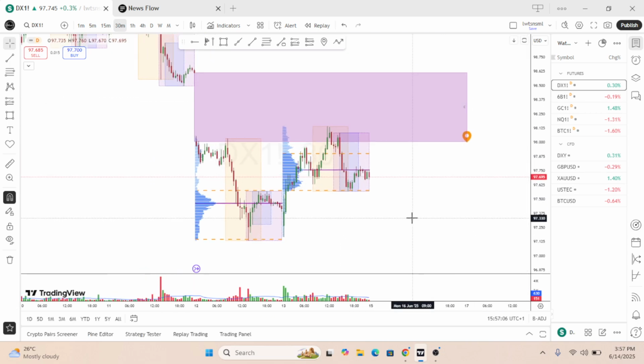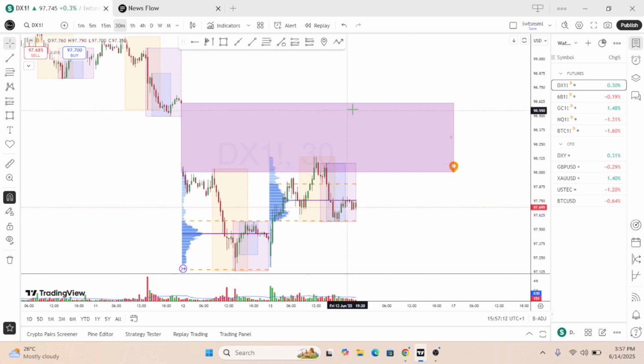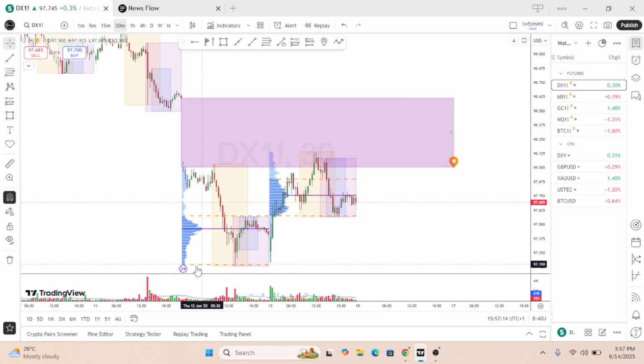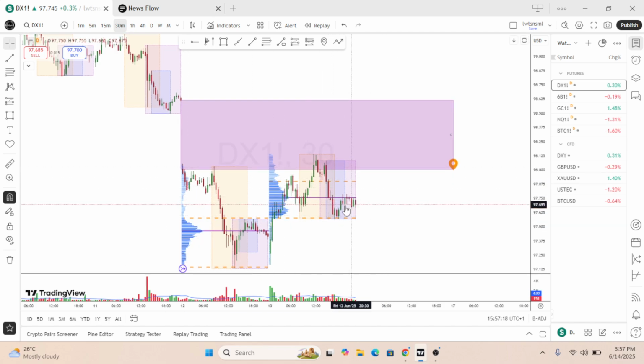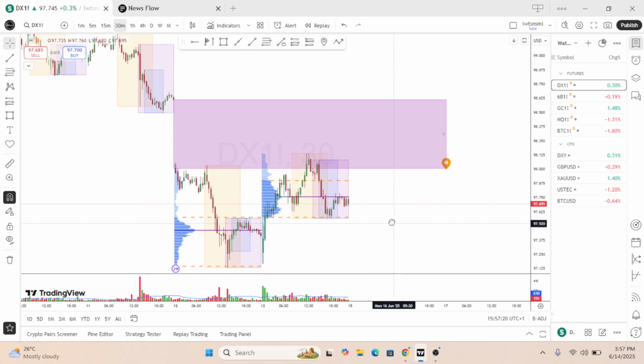But one thing I want us to notice is that we shifted value upward. Value shifted upward for the day. We had a rejection at the contract opening gap, which happened on Thursday. And since then we have been trading a little bit sideways.